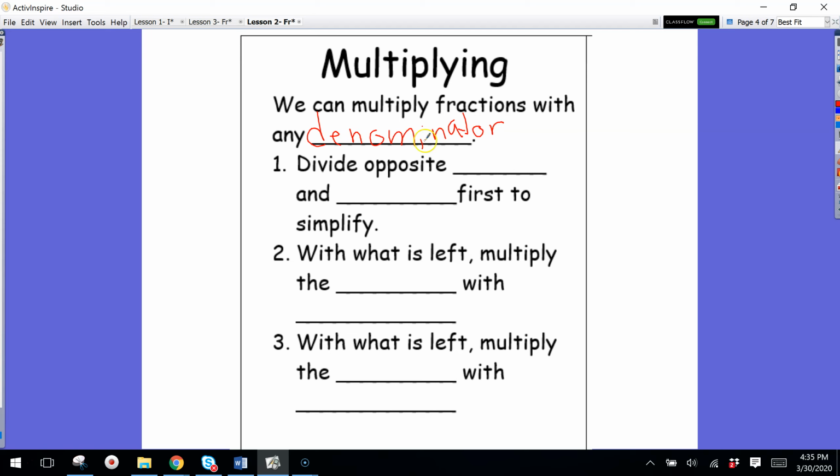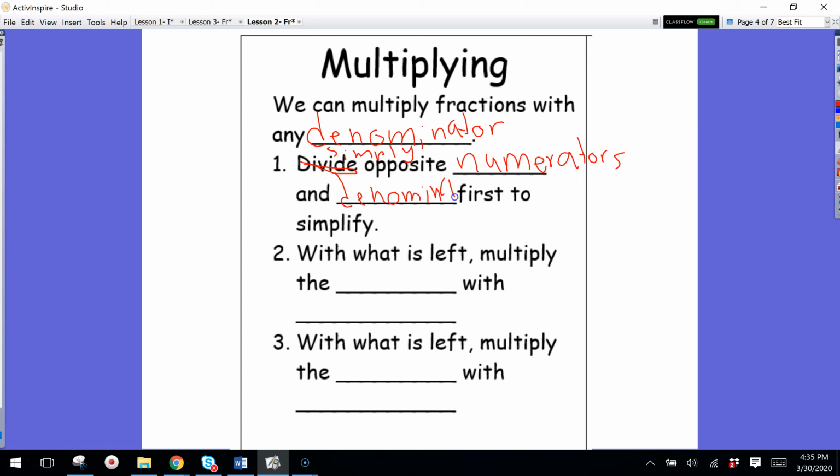So what we're going to do is we're going to divide or simplify. Actually, most accurately I should say simplify opposite numerators and denominators.